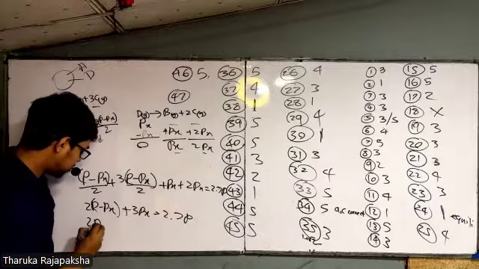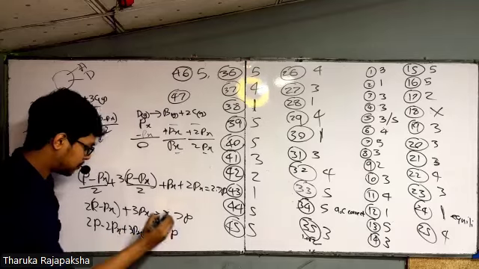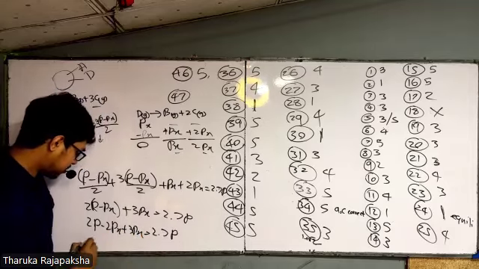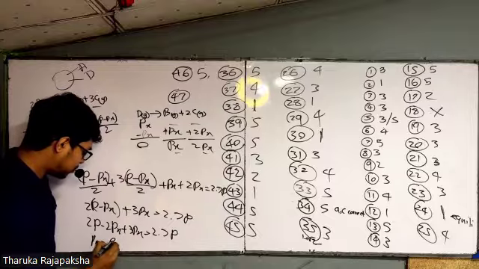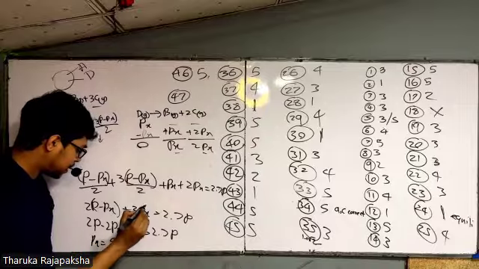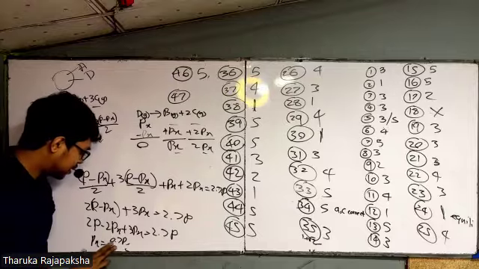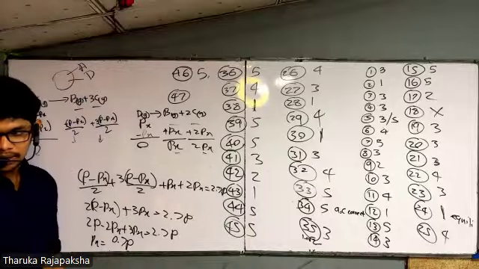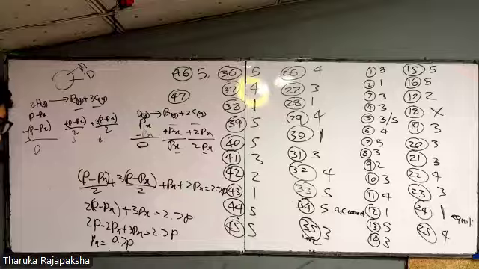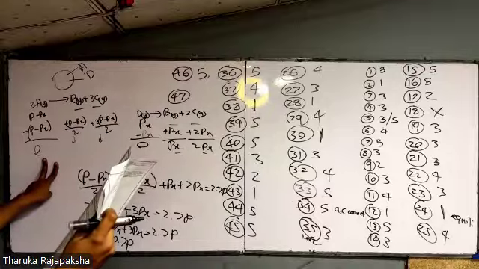This will be 2P minus 2Px plus 3Px, equals 2.7P. So Px will be 2.7P minus 2P, that is 0.7P. Px will be 0.7P. Then they're asking what the rate will be equal to.